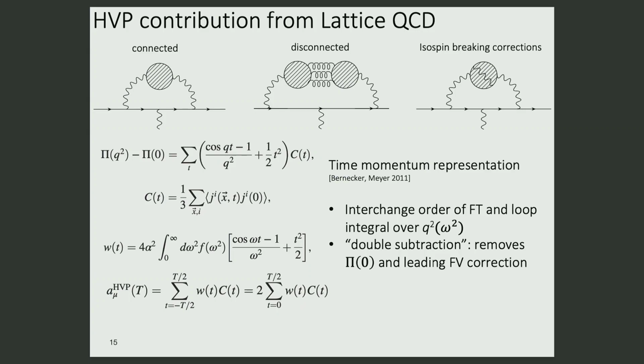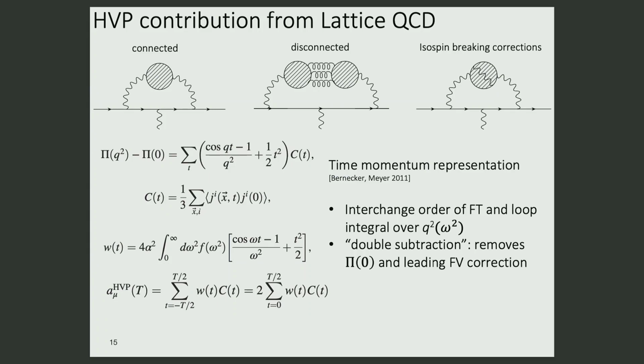Now it's become conventional to do it slightly differently in something called the time momentum representation, where we interchange the Fourier transform and the integral over momentum space. And the central object here is, again, the correlation function calculated on the lattice, but in Euclidean time, where we just calculate the 2-point correlation function as a function of separation in Euclidean time of our 2 currents.